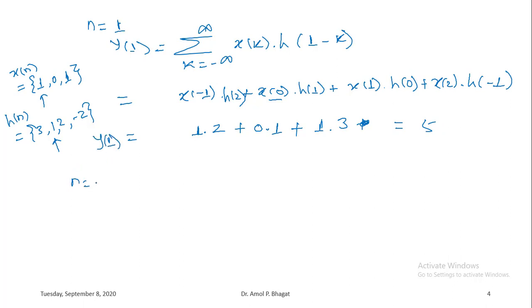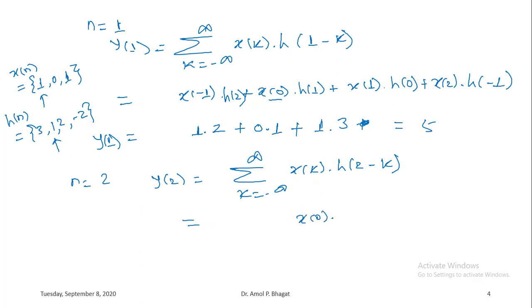Similarly, you can identify it for n equals 2. So again the formula will be y of 2 is equal to summation k equals minus infinity to infinity x of k into h of 2 minus k. Here I can substitute values of k, so it will be x of 0 into h of 2, plus x of 1 into h of 1, since 2 minus 1 will be h of 1, plus x of 2 into h of 2 minus 2, which is h of 0.